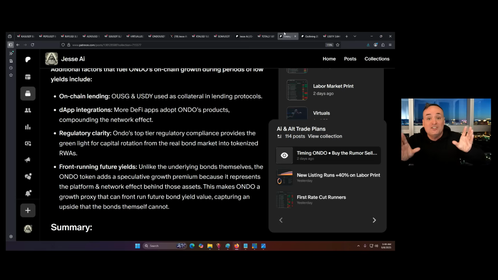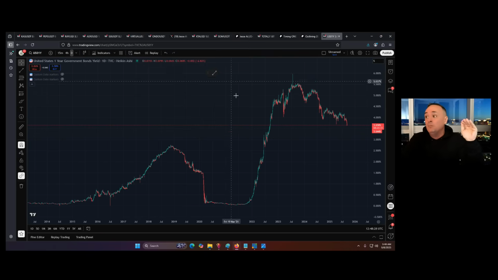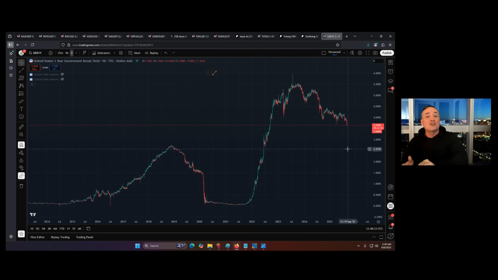Ondo's design is genius. As the central bank starts cutting rates, these bonds are going to pay less and less APY. Therefore, capital starts to rotate out of the bond market and enters the economy, the stock market, and cryptocurrency pumps significantly.